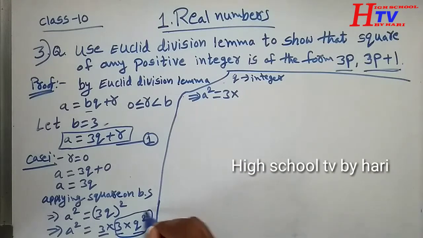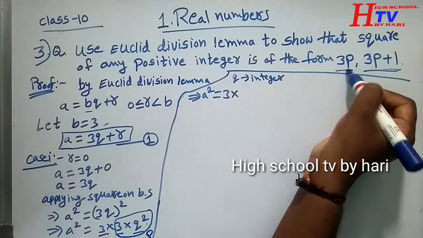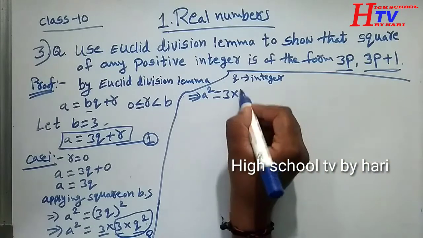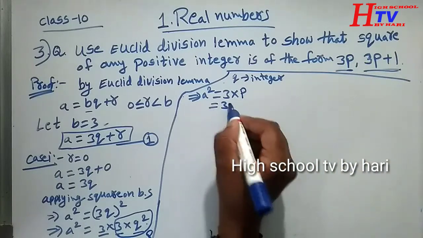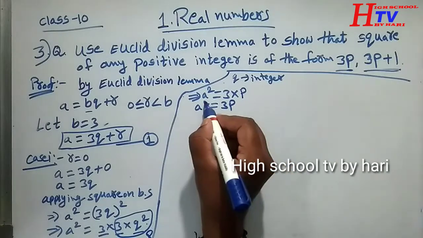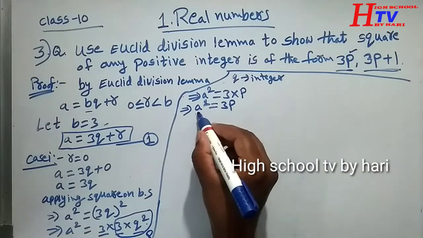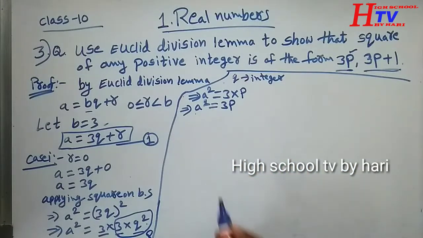This integer, the total part, I am considering as p, because the proof is in terms of p. So a square equals 3 into p, nothing but 3p. First one proved: the square of a positive integer is in the form 3p.